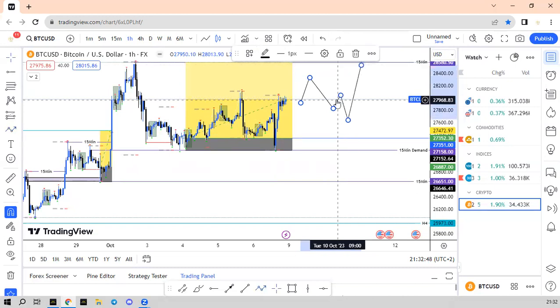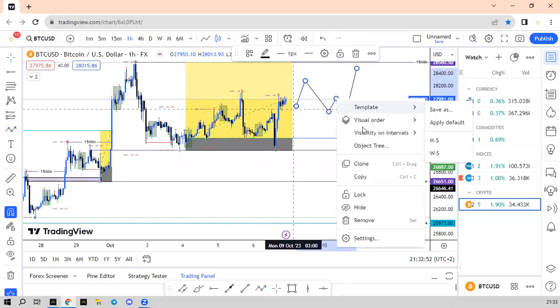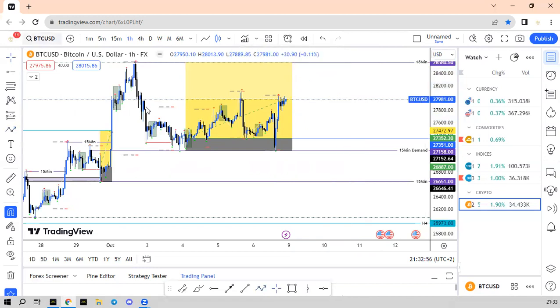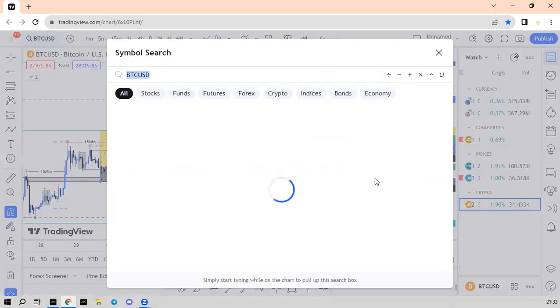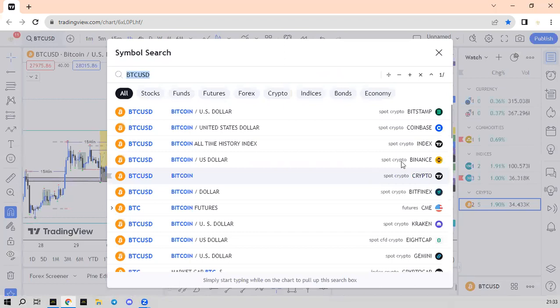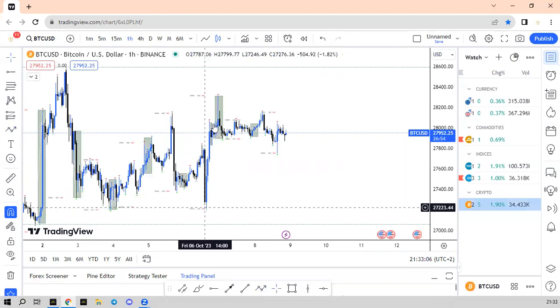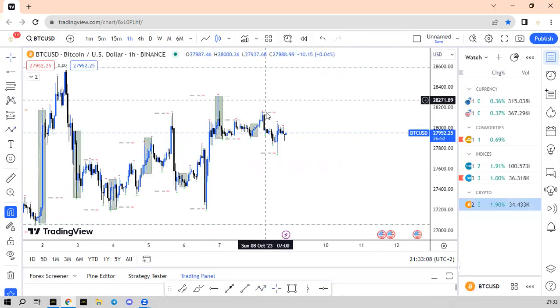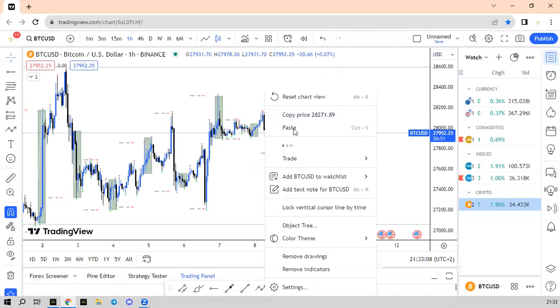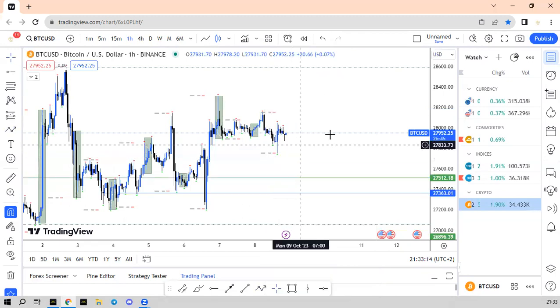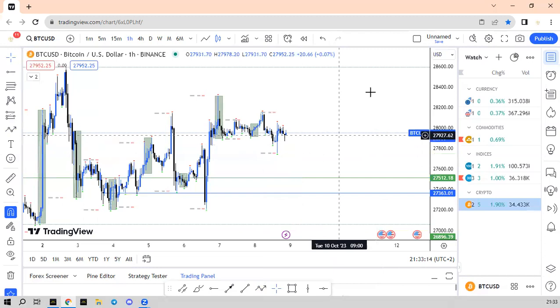So let me just copy this and paste it on another chart. Let's just go to Binance. Aha, it's right here. Paste. Something like there. Oh, it's here.